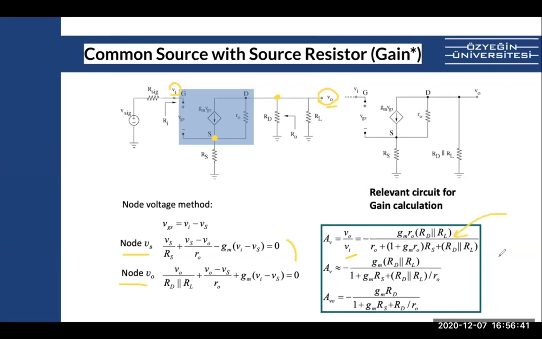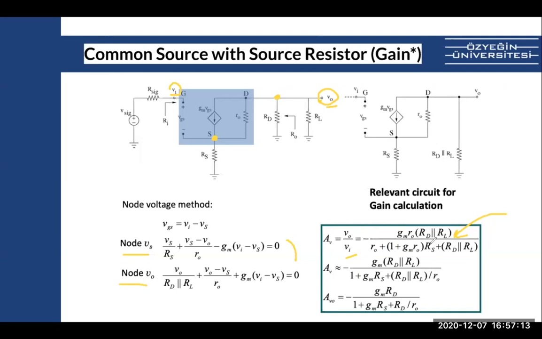Okay? And as you can see, the gain is GM R0 times RD parallel RL divided by R0 plus 1 plus GRS plus RDRL.